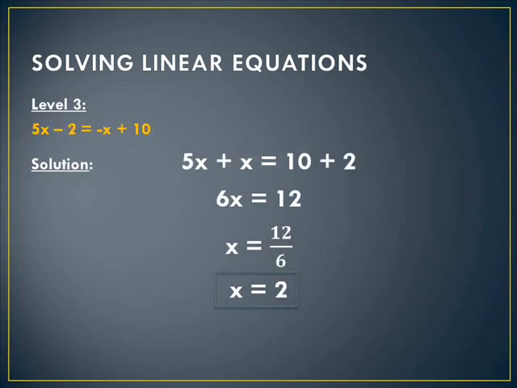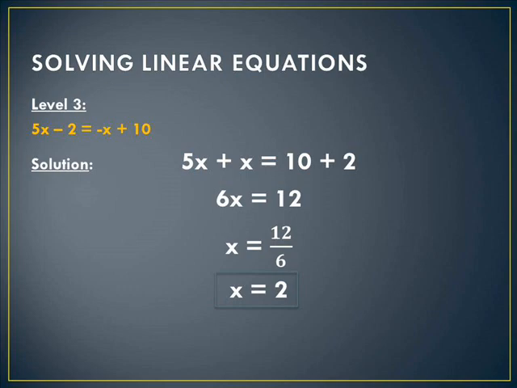Level 3 question, we have two constants, but we have the variable x on both sides of the equation. Since our aim is to keep the variables on the left hand side, we will transpose the x to the left hand side, that is 5x plus x. Likewise, we will gather the constants on the right hand side, that is 10 plus 2. 5x plus x is 6x and 10 plus 2 is 12.